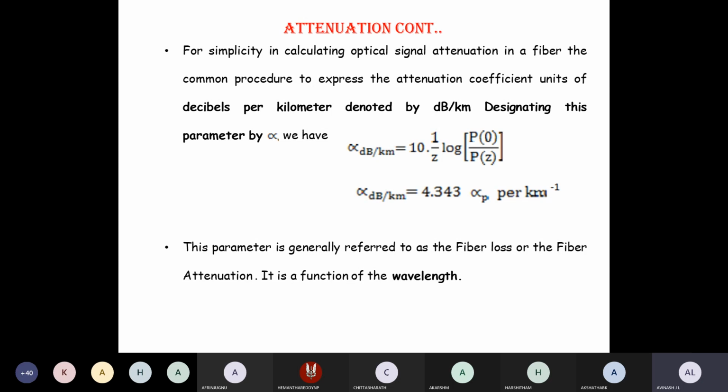So alpha dB per kilometer equals 4.343 alpha p per kilometer. That is the relationship between alpha dB per kilometer and alpha p. Please make a note of it.